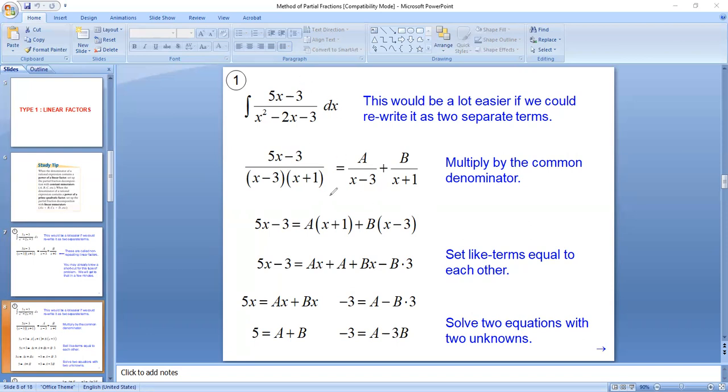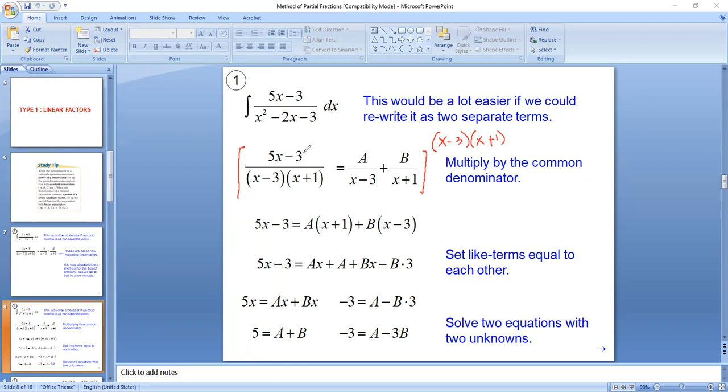What is the LCD? You will simply multiply by x minus 3 and x plus 1, because it's the LCD, on both this side and this side.